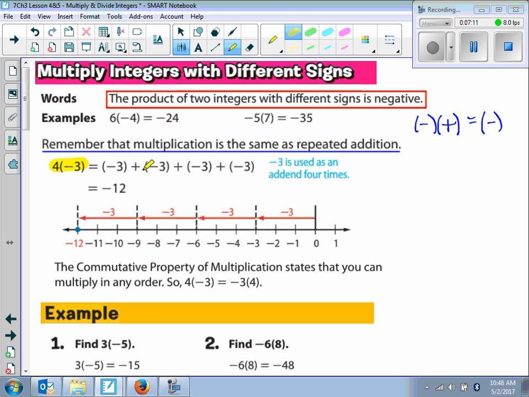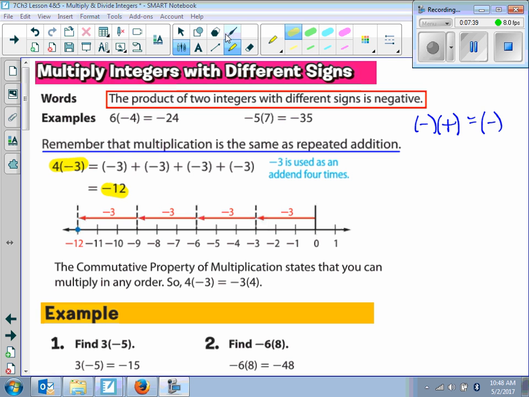Well, negative 3 plus negative 3 is negative 6, right? And then negative 6 plus negative 3 is negative 9. And then negative 9 plus negative 3 is negative 12. Does everybody see that? So this shows you, again, that a positive times a negative is equal to a negative.